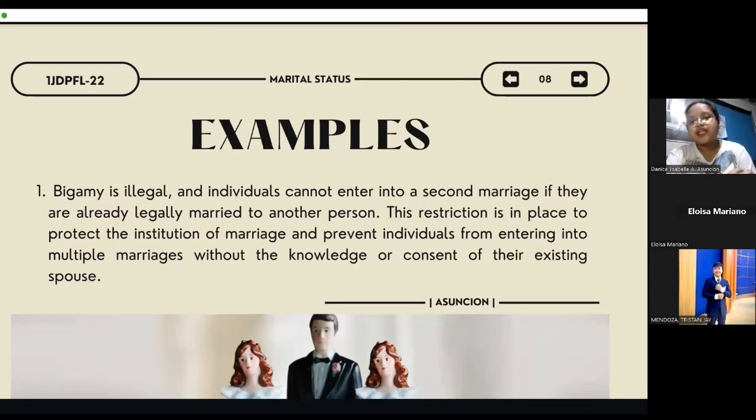In our example, there is a certificate required before one can marry, called the Certificate of No Marriage or the CENOMAR, which states that the person getting married is not yet married to another. Thus, it is also a respect to the marriage law and to their existing spouse. Next slide, please.